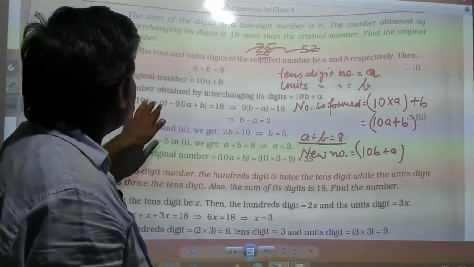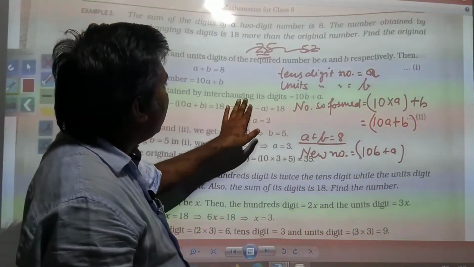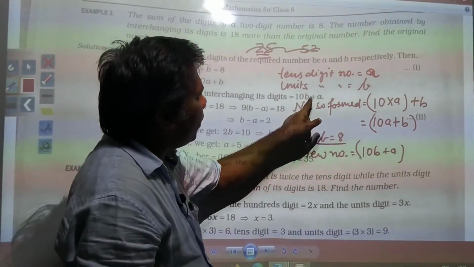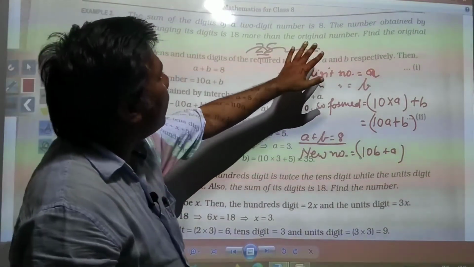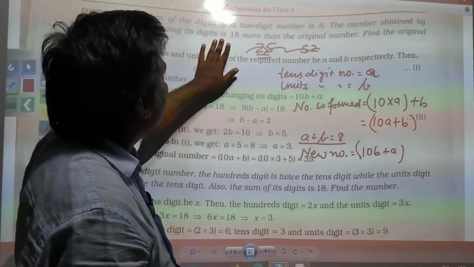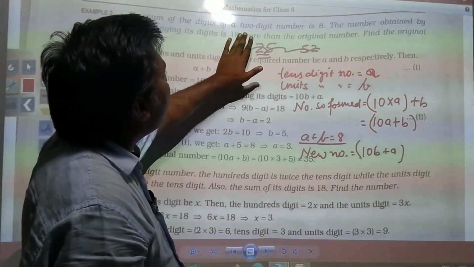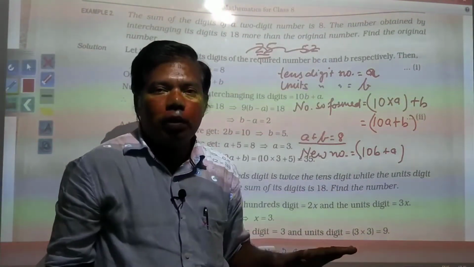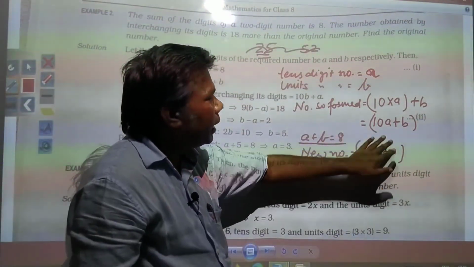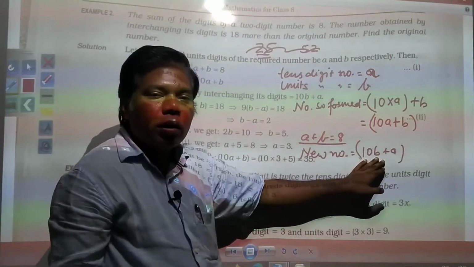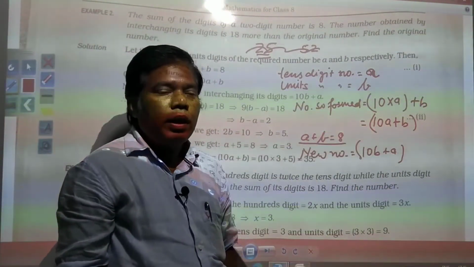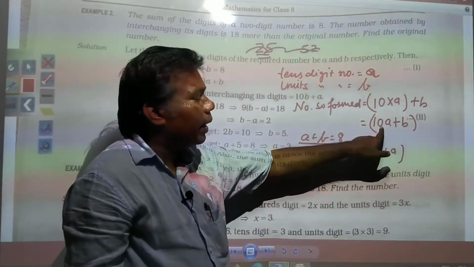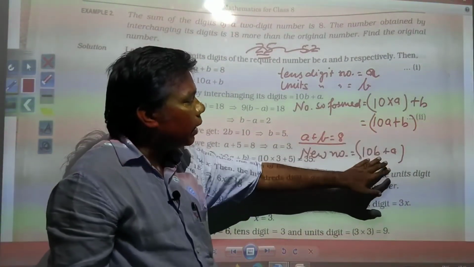Now you see, the number obtained by interchanging its digits is 10b plus a, as we have written. Here it has been given that this number is 18 more than the original number. It means if you add 18 to the original number, you will get this number.